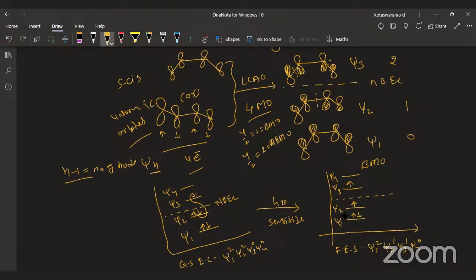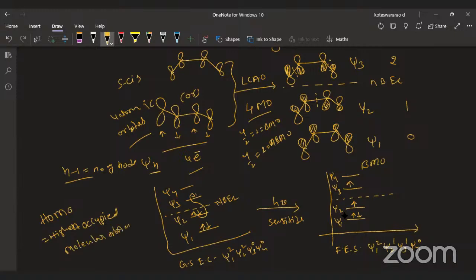Now, in the ground state electronic configuration, what is HOMO? HOMO is the highest occupied molecular orbital.